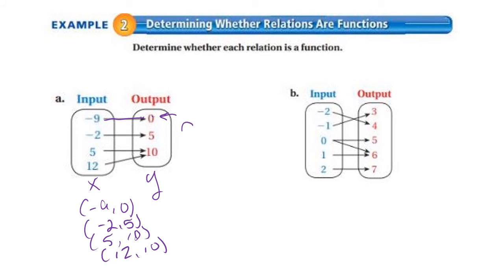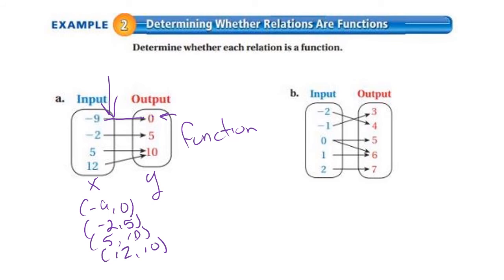This is a function, and you'll see in just a second. What I'm looking at is making sure that I do not have two lines coming out of the input. So each input only has one line coming off of it. It doesn't matter how many lines are coming off of the output, but as long as I only have one line coming from each input, then it is a function.